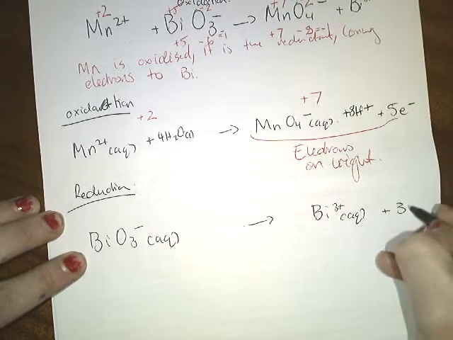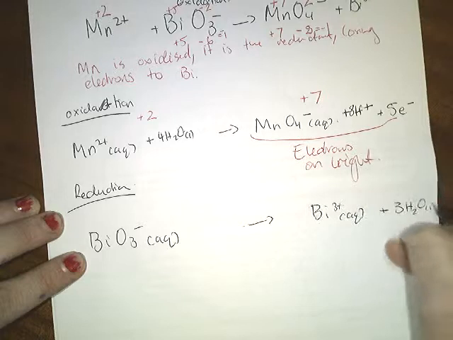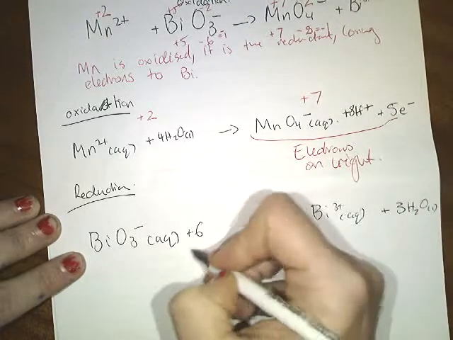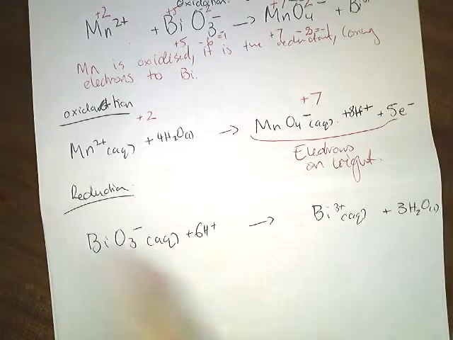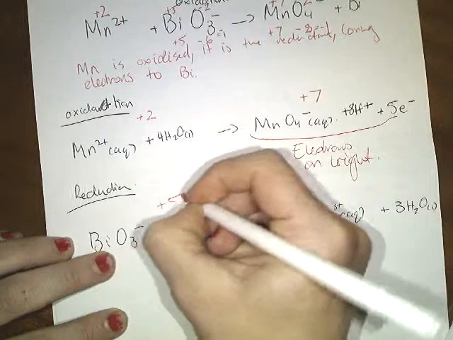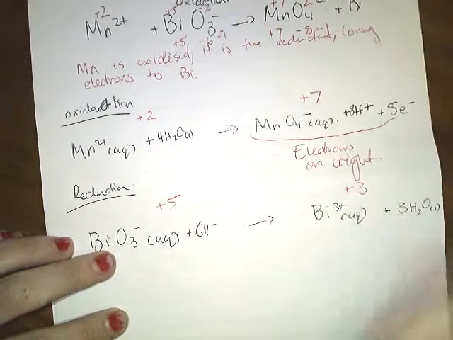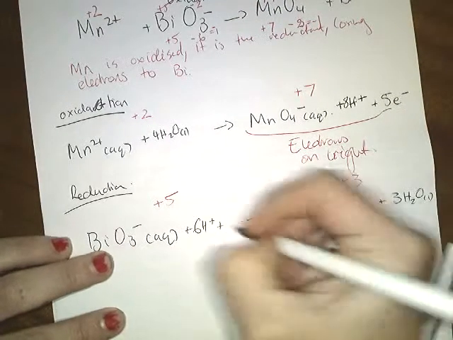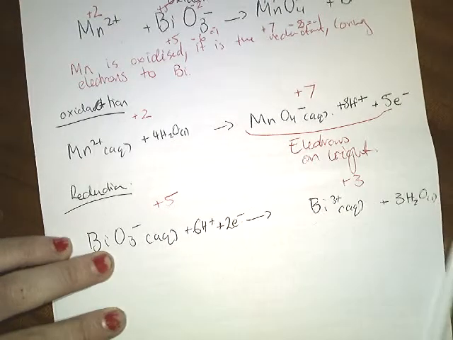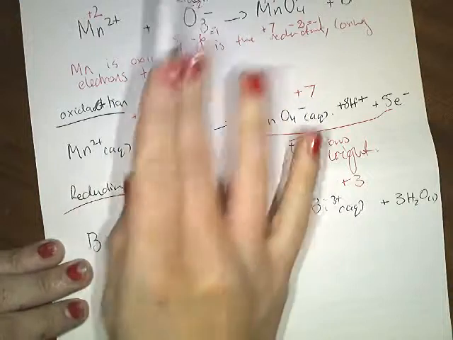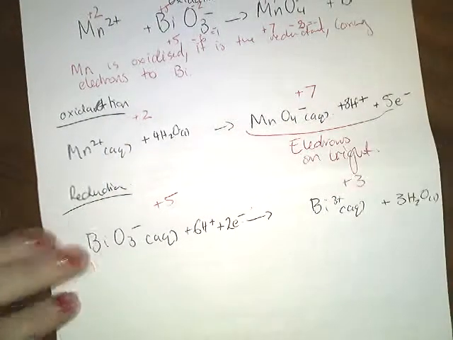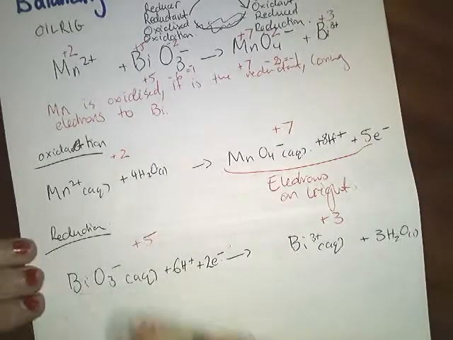Oxygen by adding 3 waters. Hydrogen by adding 6 H pluses. Then we count the charge, plus 6 minus 1 is plus 5 on this side and plus 3 on that side, meaning that we have to add 2 electrons to this side. And it makes sense because bismuth has gone from plus 5 to plus 3, meaning it's gained 2 electrons.